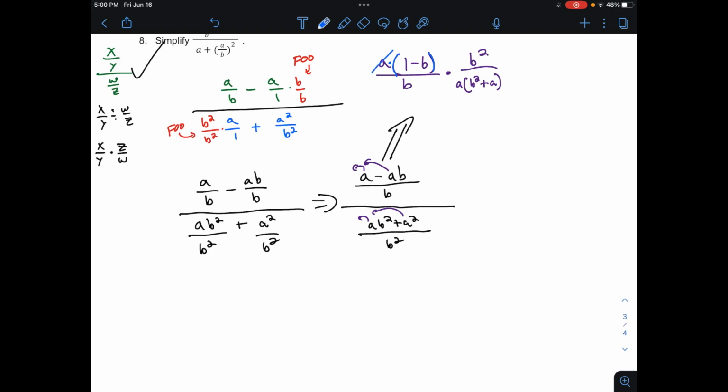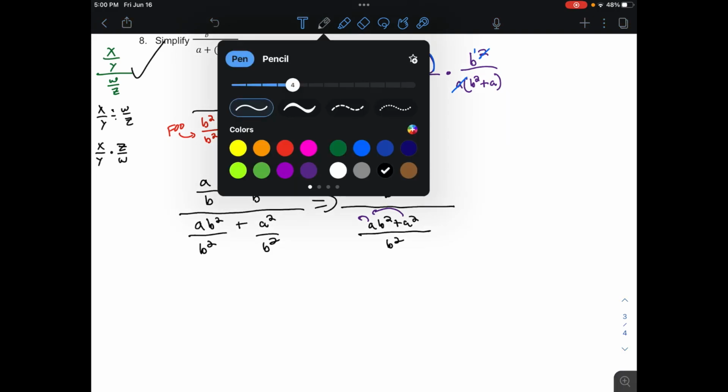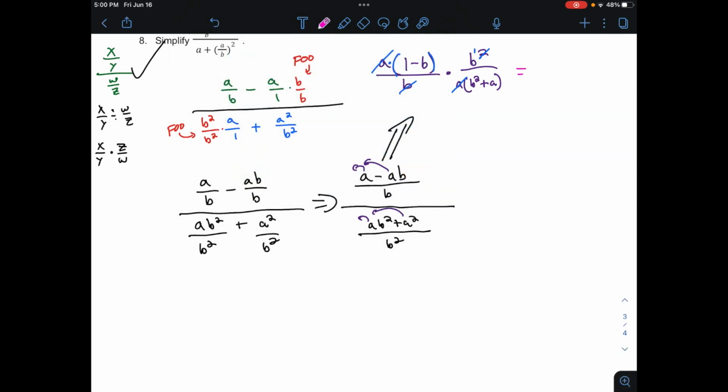Okay, so then we have an a and an a that canceled, and a b squared and a b. So we're left with, what color? Pink, equals, or yields, 1 minus b over b squared plus a.